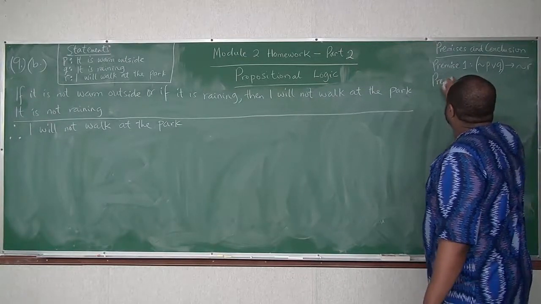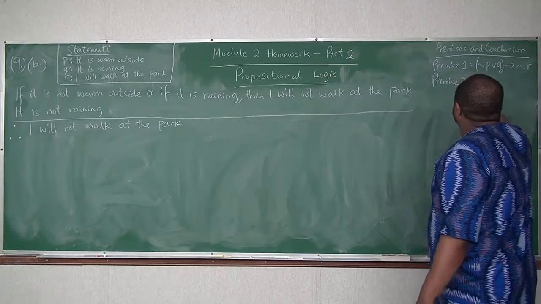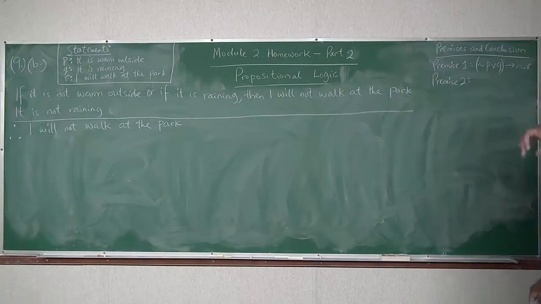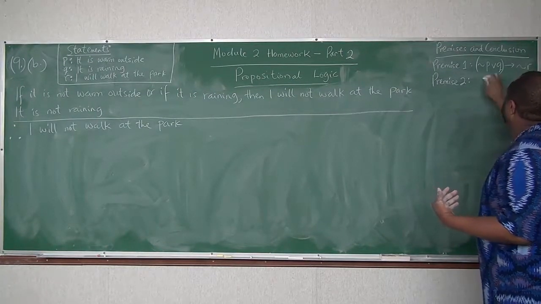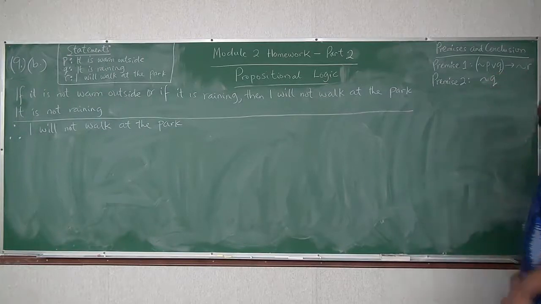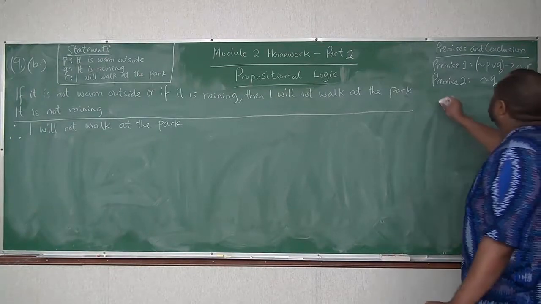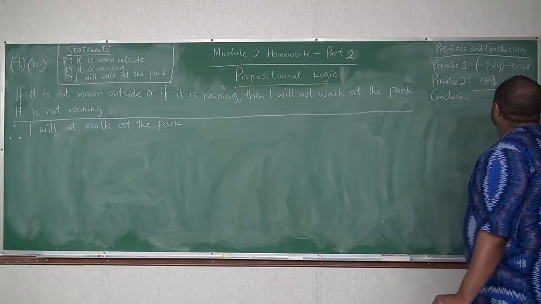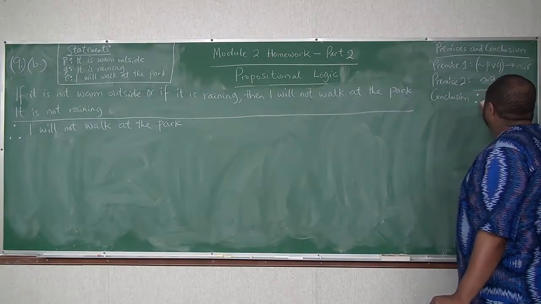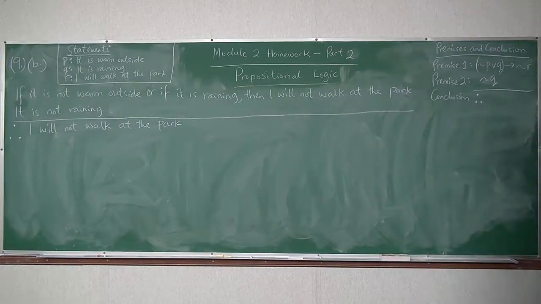Premise 2 will be it is not raining, so not Q. Then the conclusion will be therefore I will not walk at the park, not R.